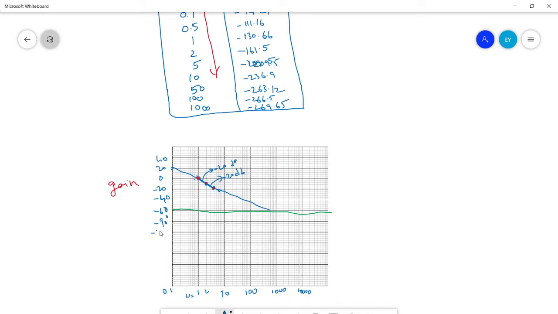Or the same scale we need to take: minus 90, minus 130, minus 170, minus 210, okay. Anyway, I think it will be sufficient even if you take 30 also. We'll just take 30 itself.